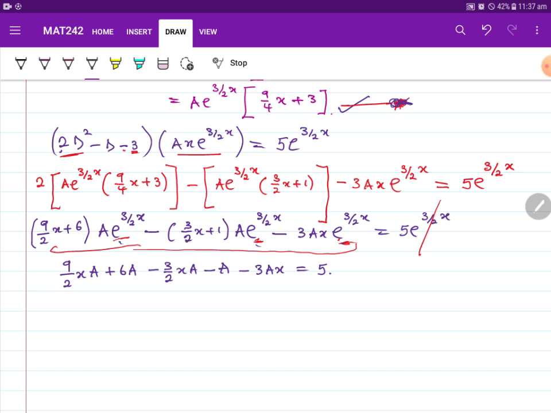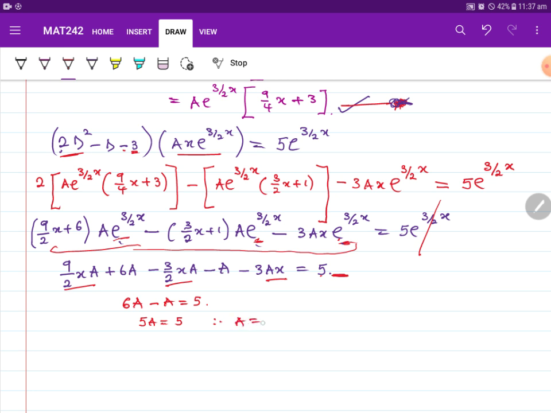Now let's form our equation. Since there's no x at this part, it is only constant, it means x is 0 at this part. So all the ones that have x are out of it. So the constant and constant, that's 6A minus A is equal to 5. 5A is equal to 5.